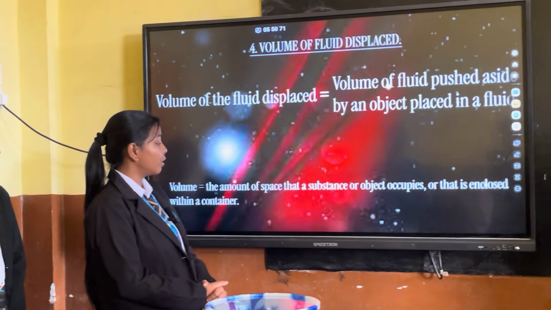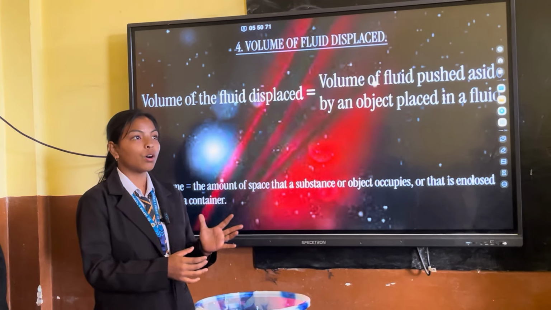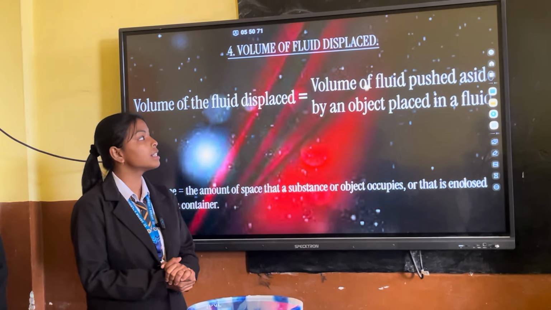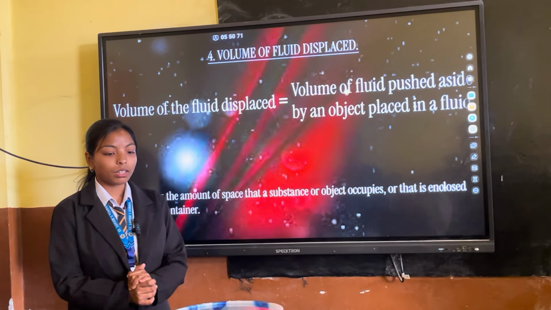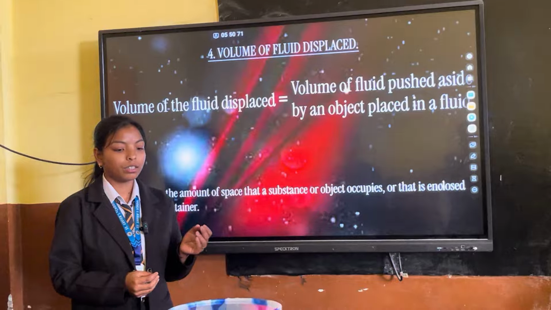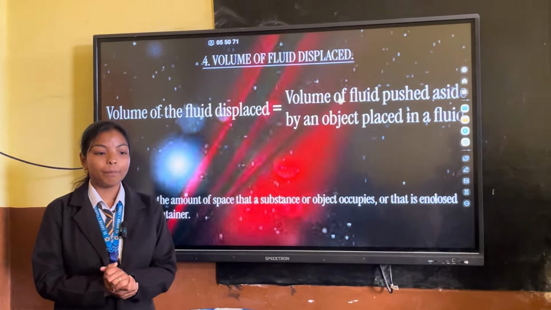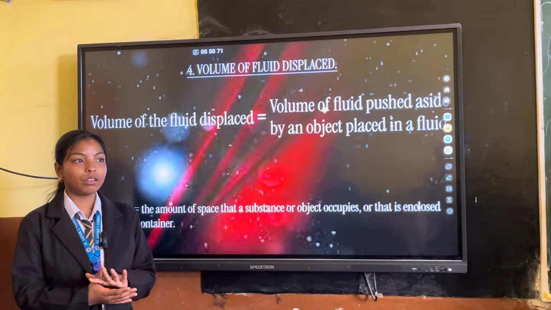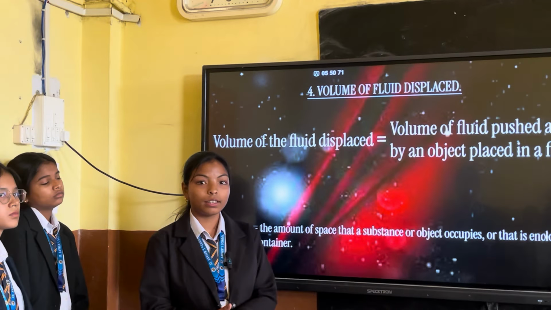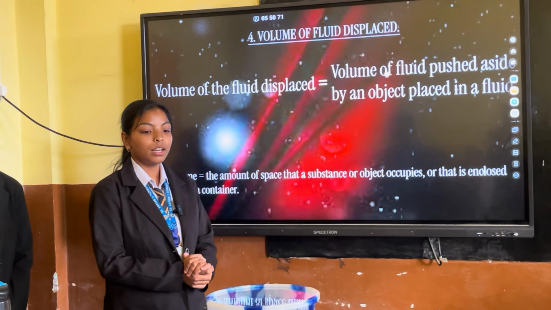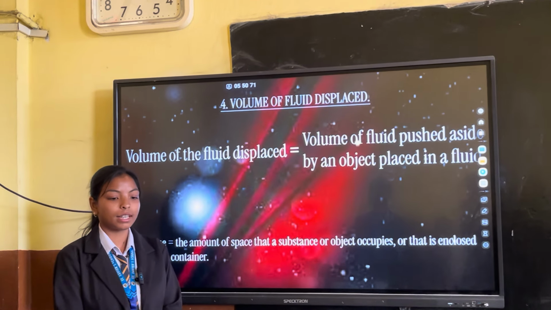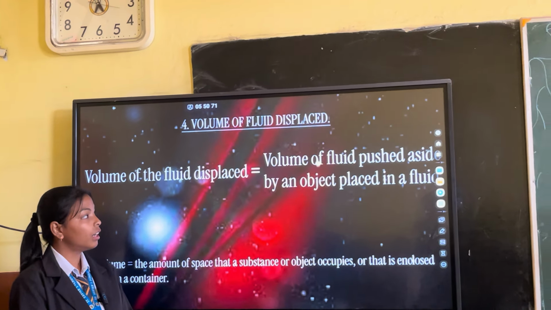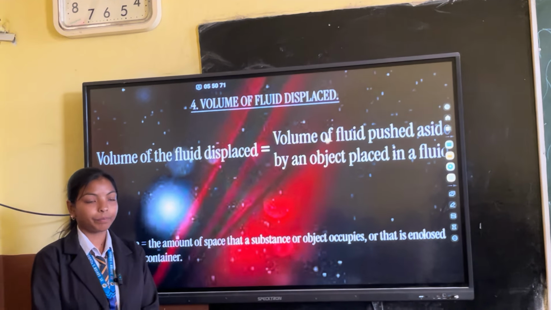The amount of space that it occupies is known as the volume of fluid displaced. So, an example: when we drop a stone in a bowl of water, the water rises or overflows. The amount of water that rises or overflows is known as the volume of water displaced.